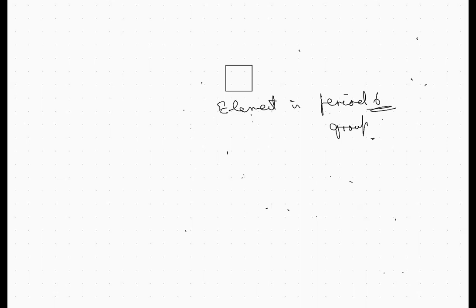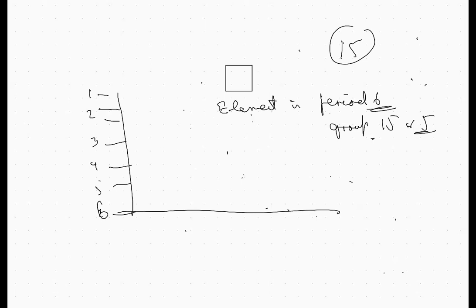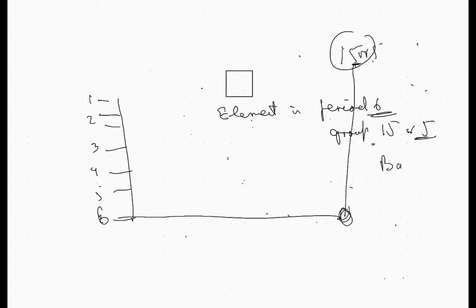So on the periodic table you count 1, 2, 3, 4, 5, 6, you go down, and you go all the way and see where it is, group 15 or group 5. Take the last one. Then that's the element. They have given a list like barium, osmium, bismuth. So the answer is bismuth. Bi, bismuth. Okay. All right.